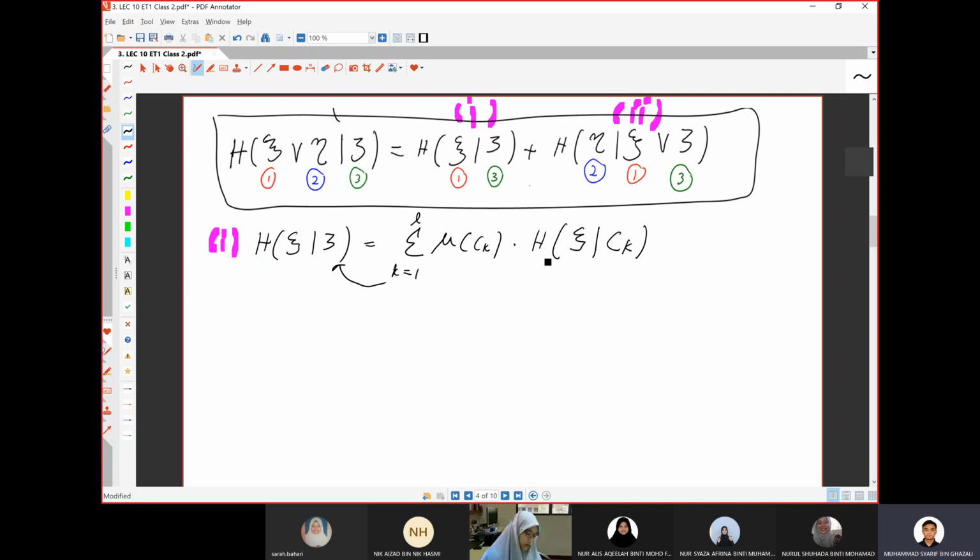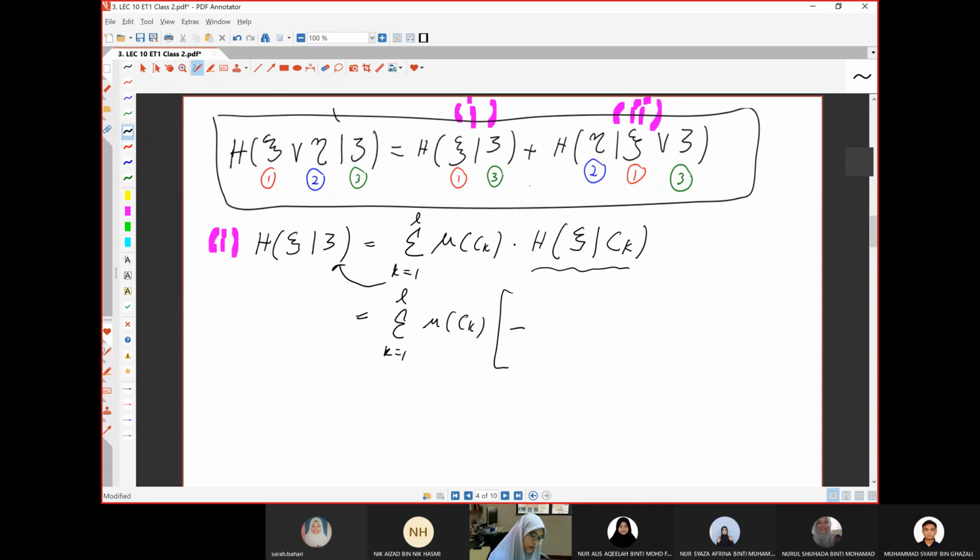Yes. Okay, now what do you do? After that, expand. I write this in a sum. So I have k from 1 until L, mu of Ck. This one you have to write in terms of entropy. This is the second formula, which is the entropy of the partition with respect to an element.